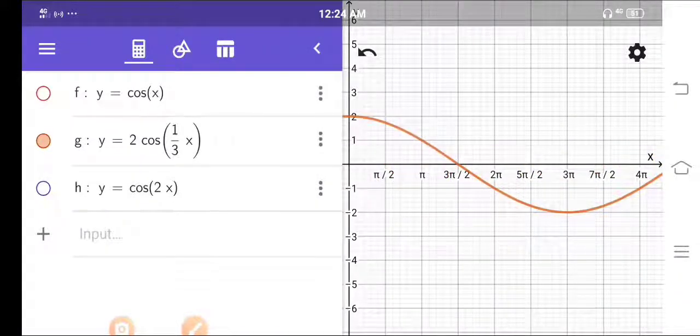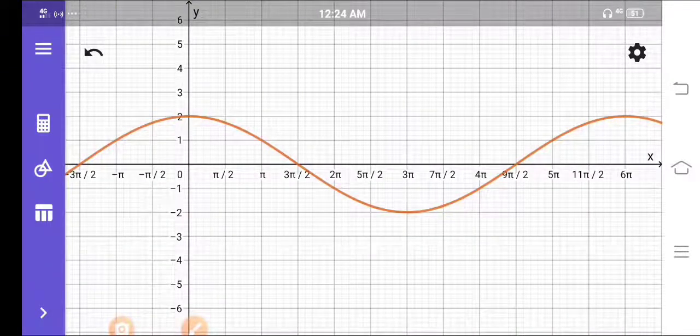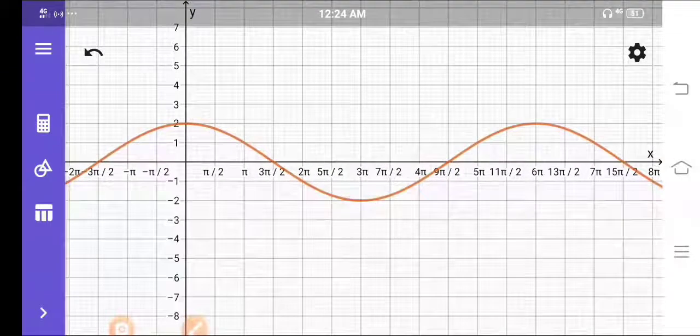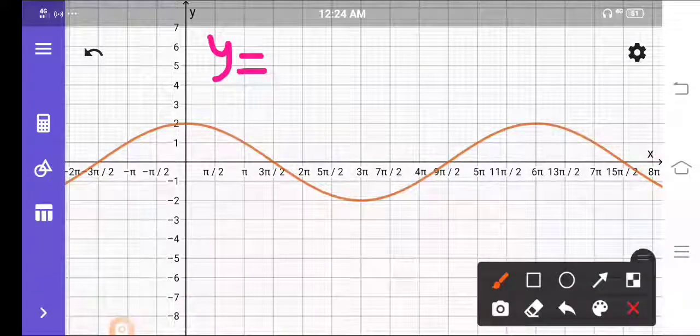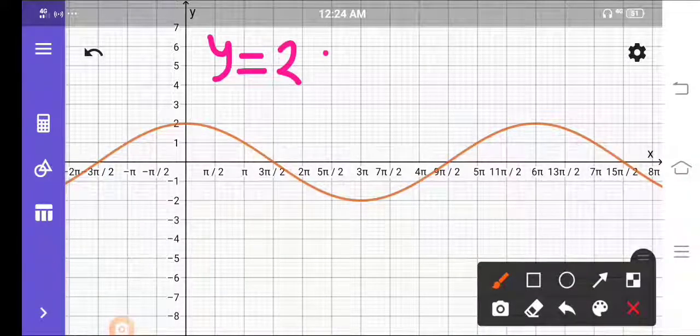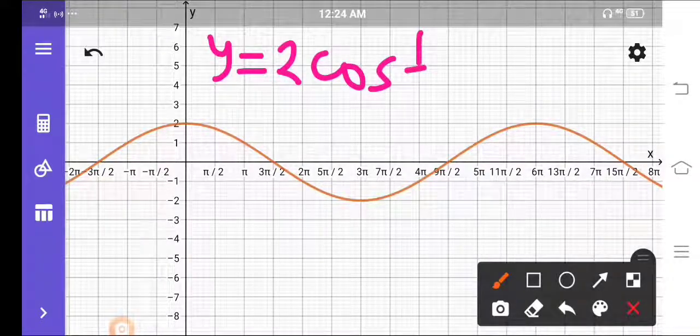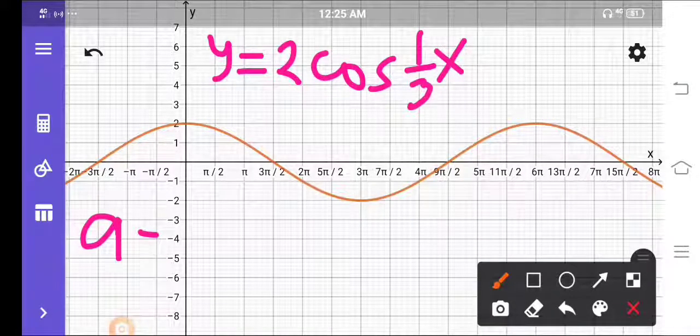Okay, in this example, what is now our period? We know that the amplitude is the absolute value of a. So in our given, y is equal to 2 cosine 1 over 3x, our a is 2, so that is our amplitude. Our amplitude is 2. What will be our period?